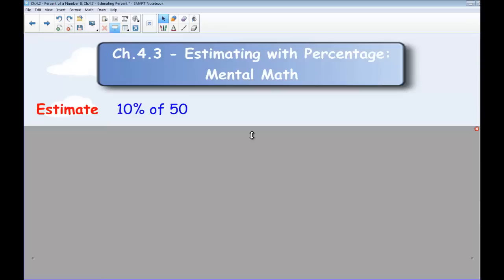If we wanted to estimate 10% of 50, how would we do that? Well, 10% is always pretty easy to calculate because all we have to do is think like this.